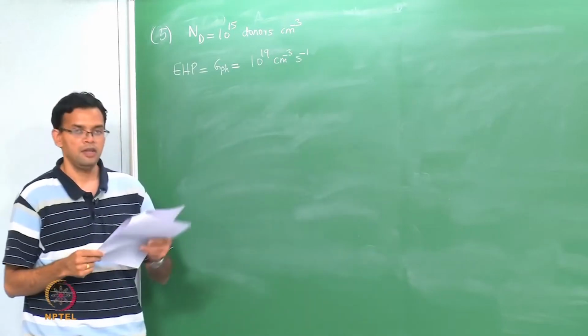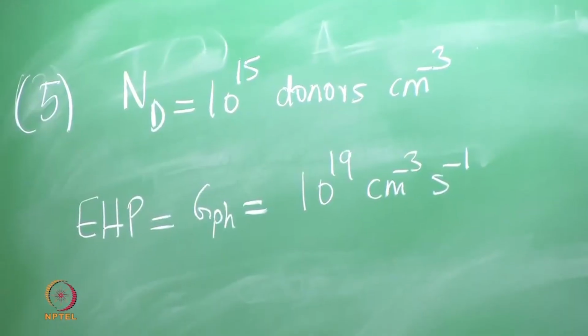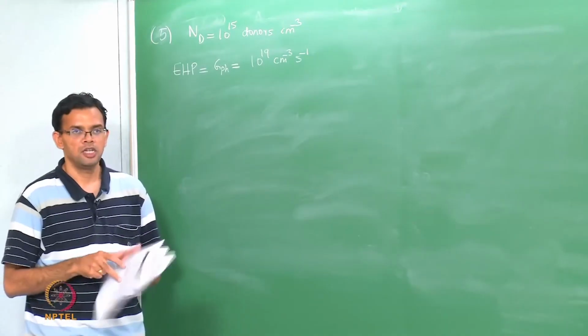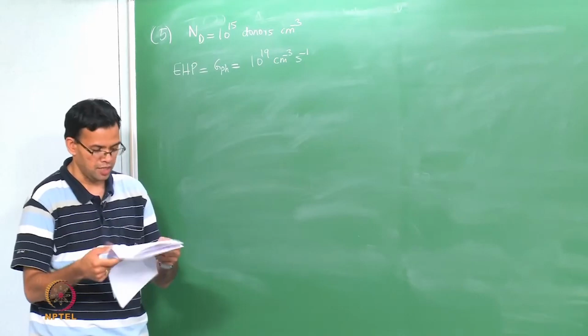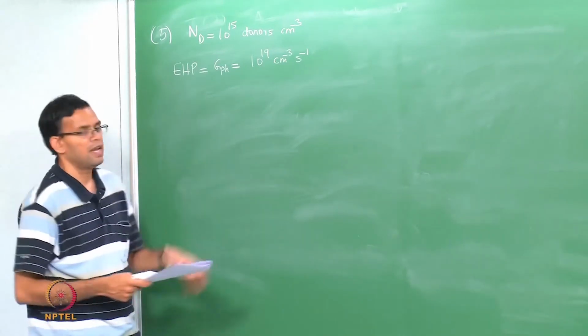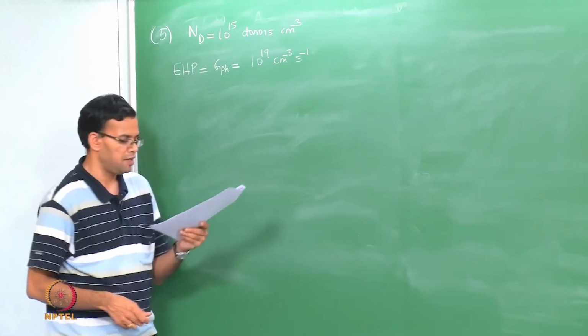So, we need to find the separation of the quasi Fermi levels, talk about it in a minute, and the change in conductivity upon shining the light. So, these are the number of electron hole pairs that are generated.